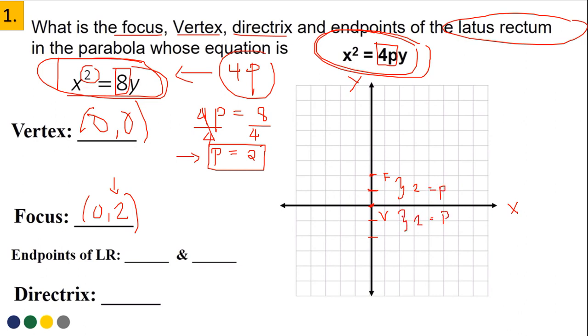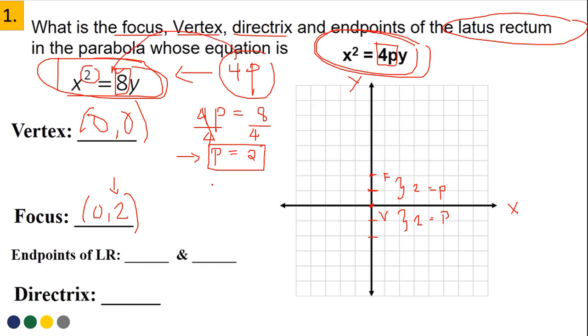Okay? And since the opening is upward, we don't know the value of the LR. What is the latus rectum? Latus rectum, yan natin ma-identify kung gaano kakapal o kanipis yung ating opening or yung graph natin na parabola. So how? We're going to get the value of 4p. We already know the value of 4p, sir, because 4p according to you is 8.